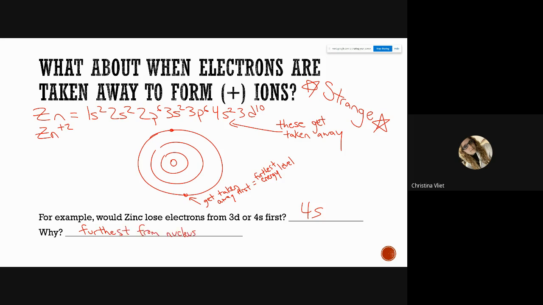So the actual electron configuration for this would be, you literally just take that out. Goodbye, 4s. Those electrons are gone. So it would be whatever is left: 1s2, 2s2, 2p6, 3s2, 3p6, 3d10.